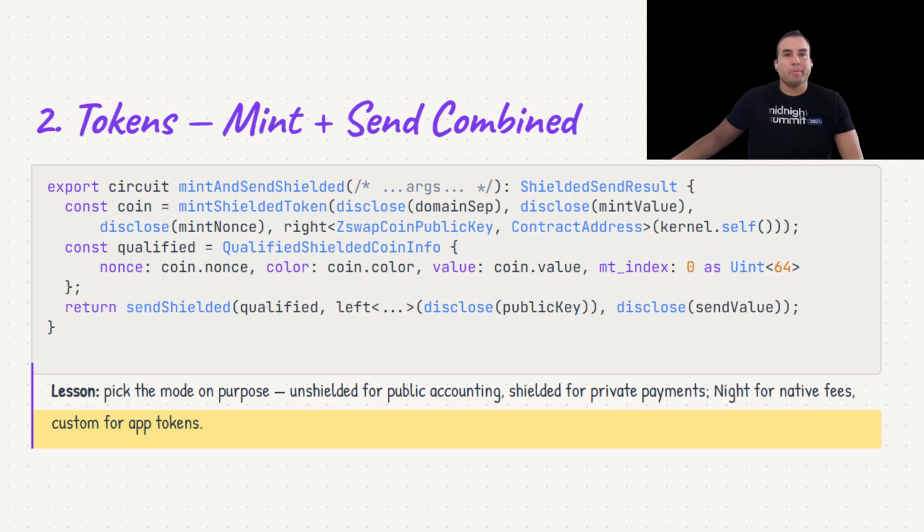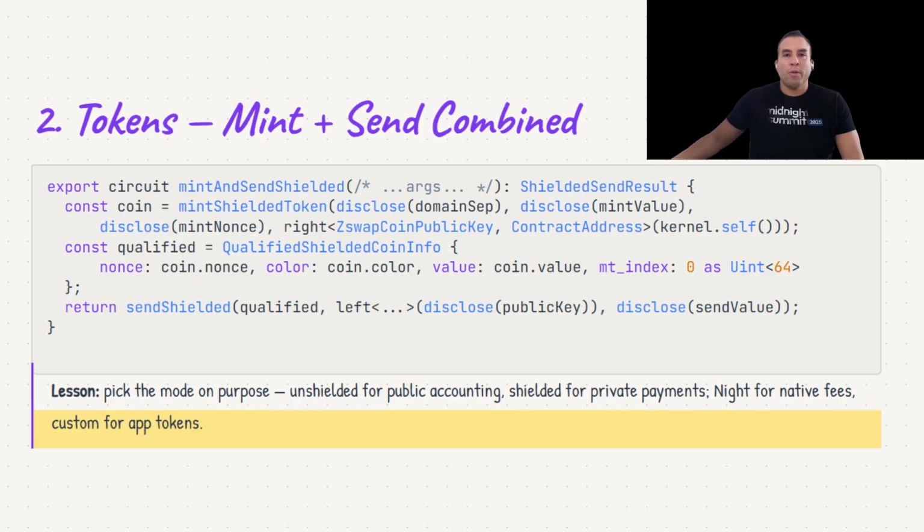Last circuit, mintAndSendShielded. Mints new shielded tokens and sends them to a user, all in one atomic operation. 3 steps. Step 1, mintShieldedToken creates a brand new coin note, sent to the contract itself.